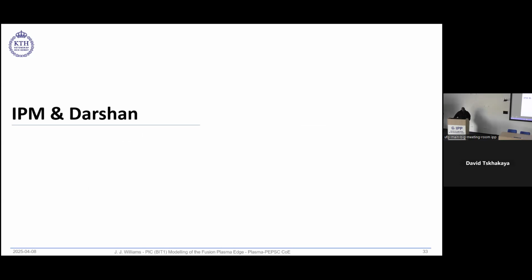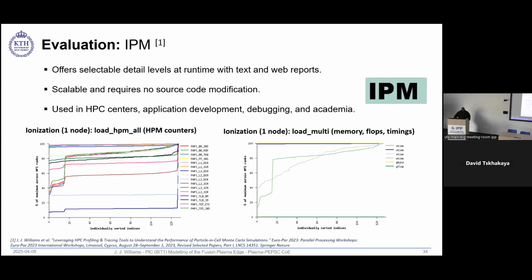IBM again, and Darshan. IBM, in addition to Mamito, is a very famous tool in the US. It's not always talked about currently because they've stopped developing it. It also gives you runtime information in text format and web reports, and it gives scalable information from source code when it's not modified.